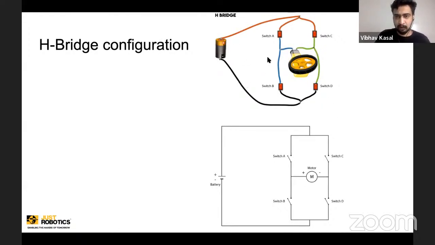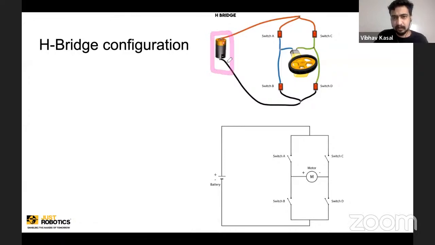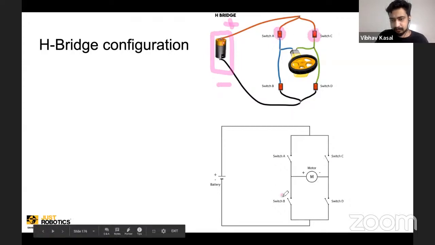By controlling the switches, you have a battery here, with positive here and negative here. The current flow is off because all the switches are in the off state.